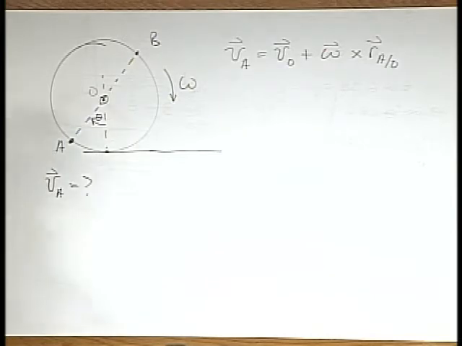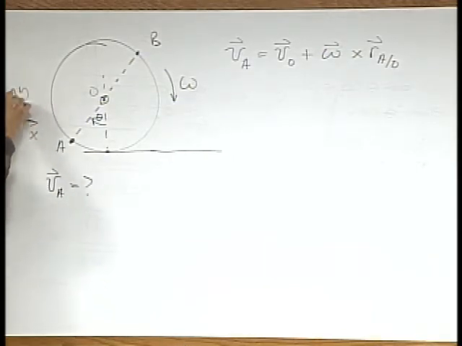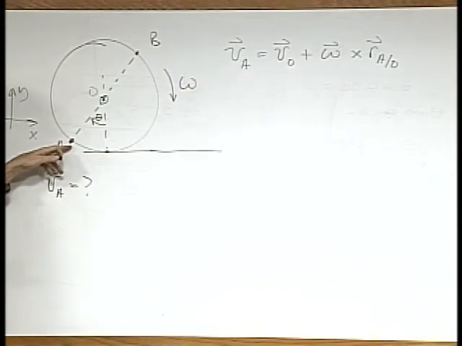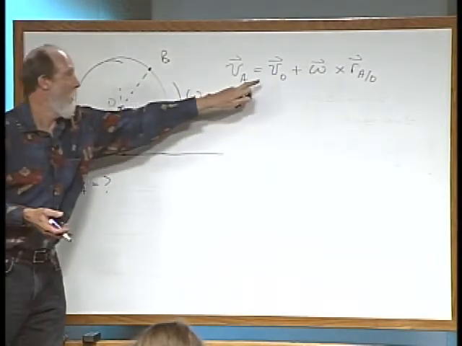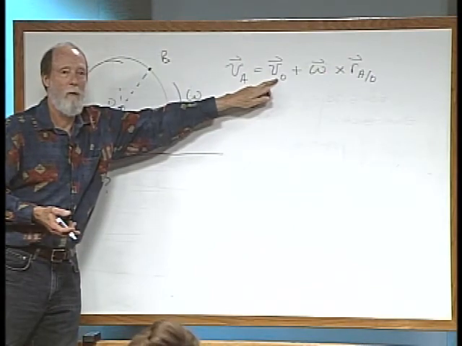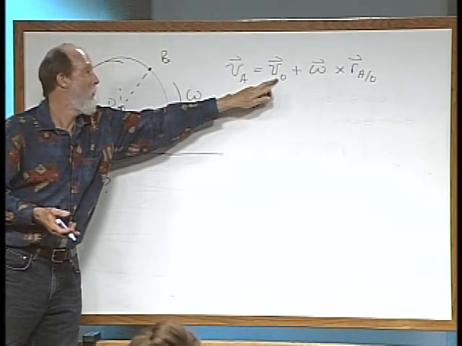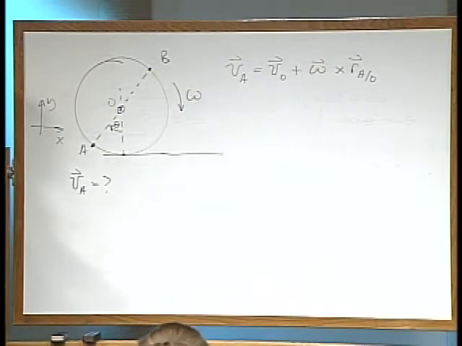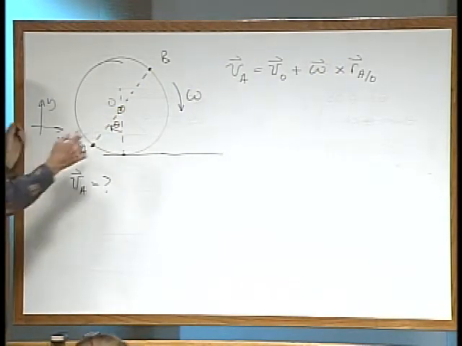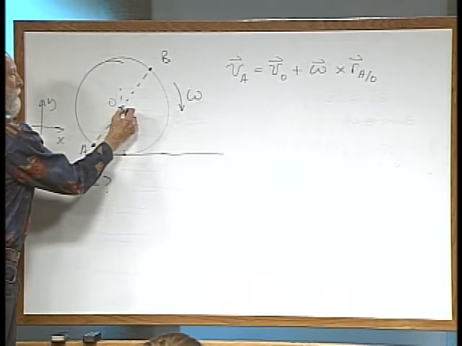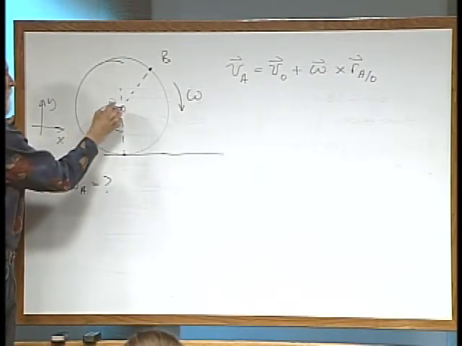If we use a traditionally defined x and y to write the things that we may know, we don't know v_A. Do we have any information about this? It's rotating at a constant speed, and it's traveling at a constant speed in the x direction. What's the speed of the center of the wheel?